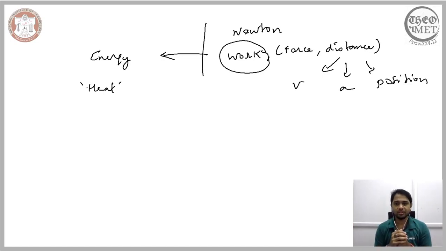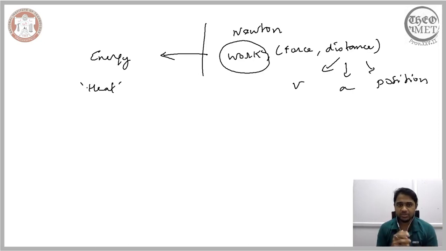So essentially, it was discovered in these early stages that work can release a form of energy. The work that is usually associated with Newton's law or Newtonian mechanics now released a form of energy, and in this particular case it was heat energy. Eventually they discovered that work can also render several forms of energy, but initially this work gave you heat energy. This was the initial discovery that related these two different domains.